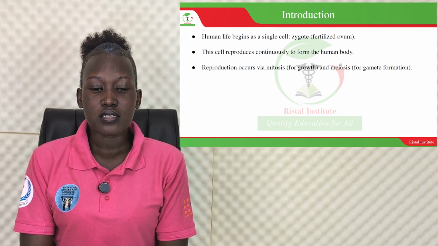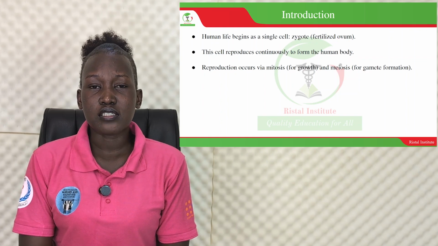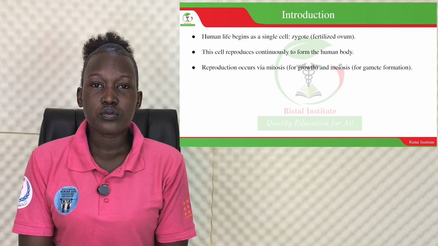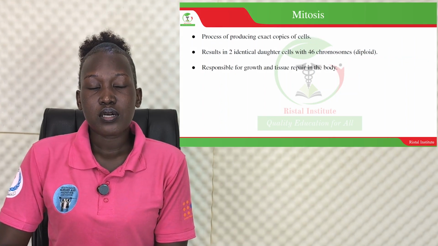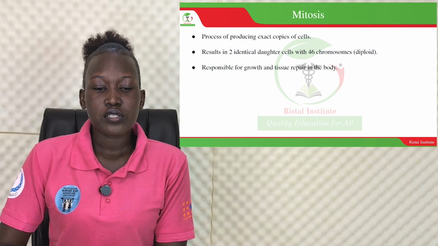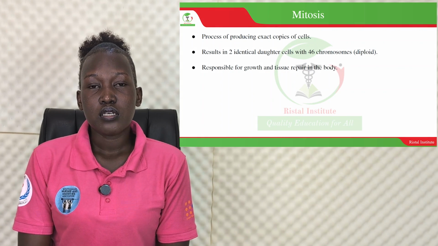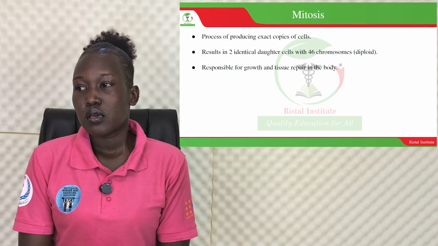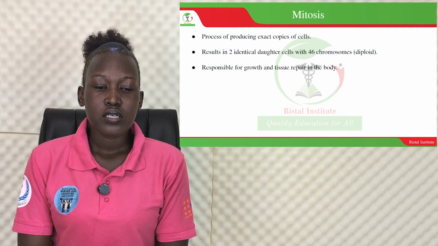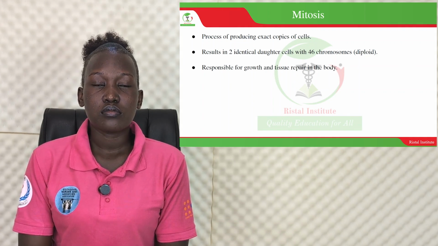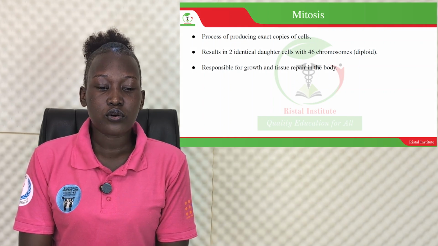Reproduction occurs via mitosis, which is for growth and repair, and meiosis, which is basically for gamete formation. So let's look at what mitosis is. Mitosis is a process of producing exact copies of cells. So when we hear about mitosis, basically we are looking at how cells multiply with exact copies.